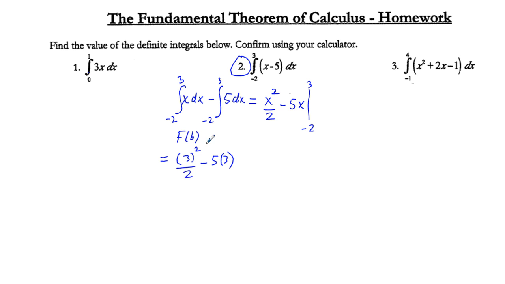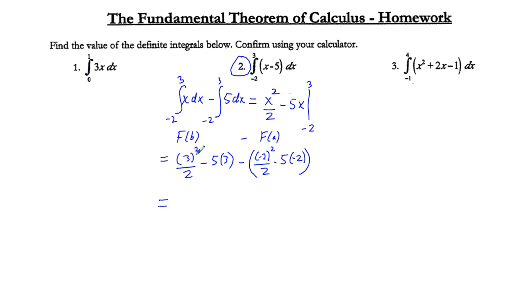This is going to be our F of b, and then we're going to subtract out our F of a. I'll subtract and put a big parenthesis here. We're going to have -2 squared over 2 minus 5 times -2. And we will just simplify from here.